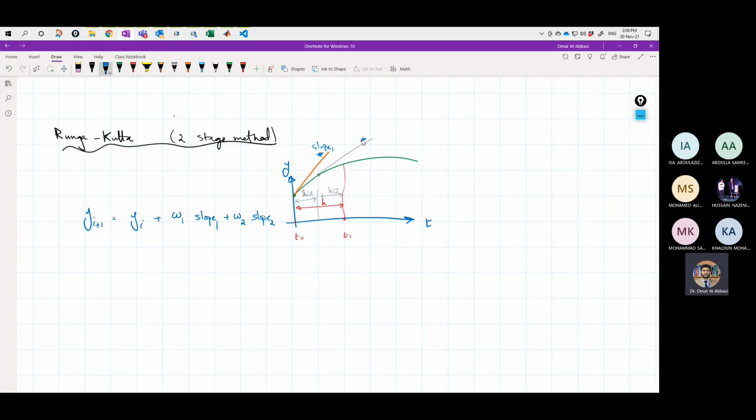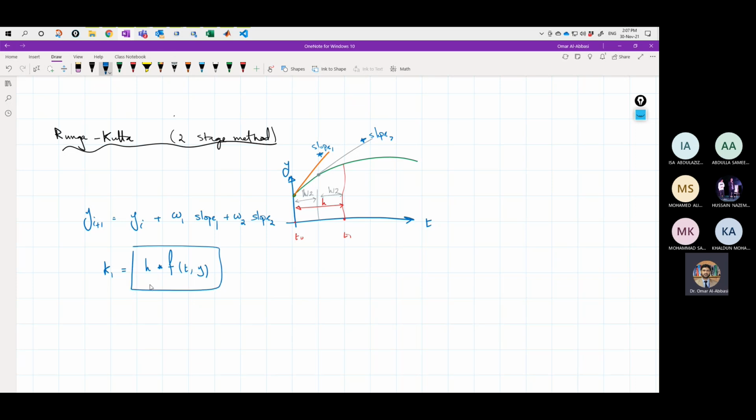Okay, that is slope 2. So what are these weights? This is the contribution of the two scientists. So we have K1, which equals h multiplied by the function evaluated at t and y.